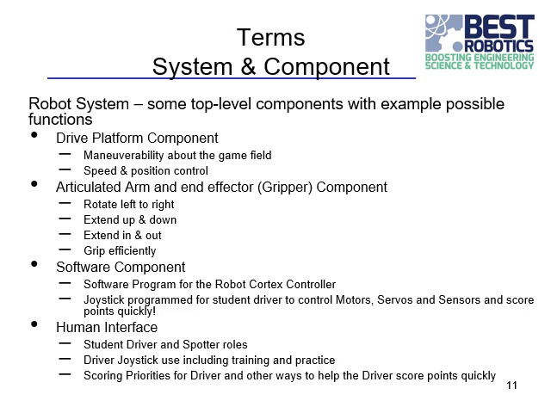And then the software component is another critical one that's maybe often overlooked in being able to help you move your robot very efficiently, quickly, being able to score a lot of points, making it easy or hard for the driver with the joystick. So the software part is programmed onto the Cortex controller.